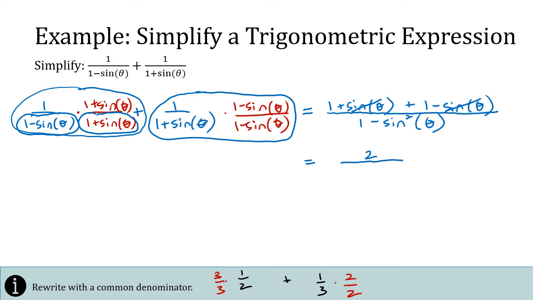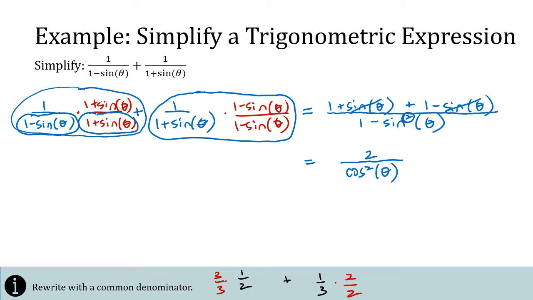So up in the numerator, I'm left with 2. Now, what can we do with that denominator? What does 1 minus sine squared theta equal? Hopefully you watched carefully on the last slide, and you remember that anytime I see this square, I'm thinking Pythagorean identity, and I know that the variation of the Pythagorean identity is that I can let 1 minus sine squared theta be equal to cosine squared theta.